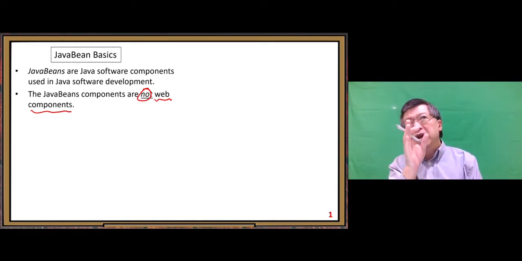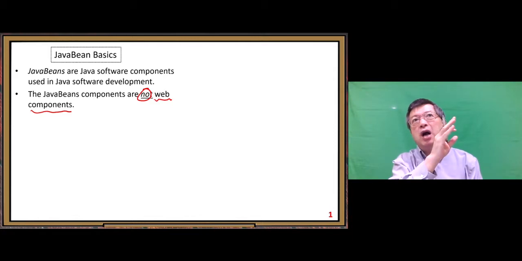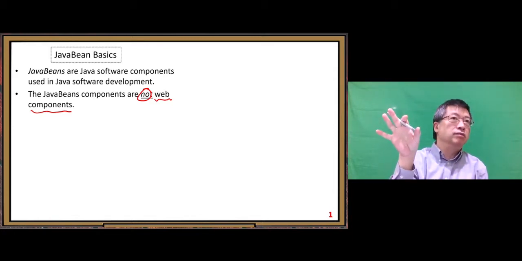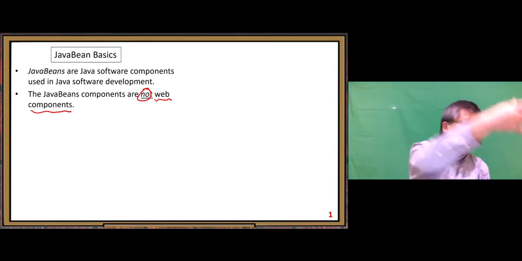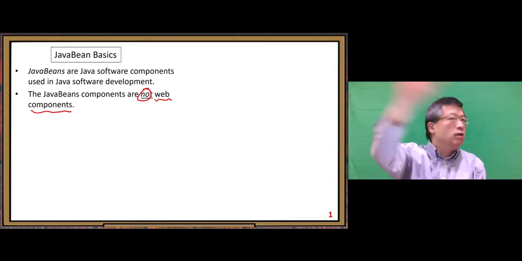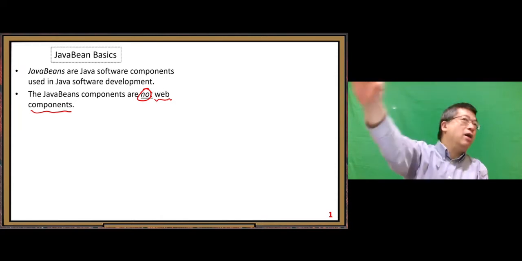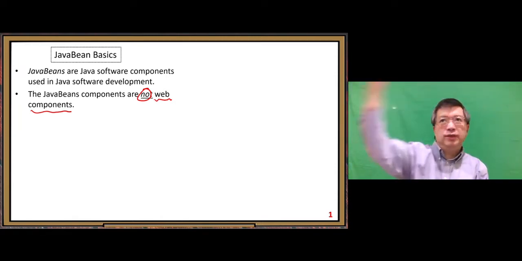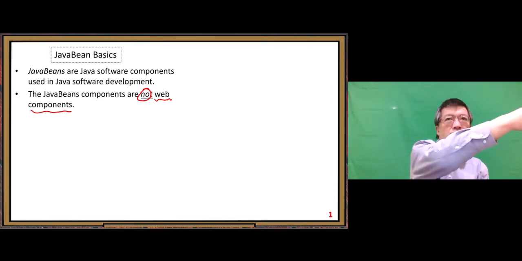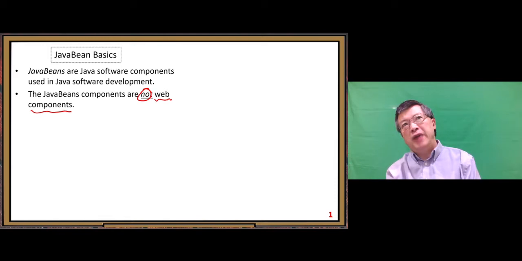But JavaBean can be used outside the web environment, in a desktop environment. They do not rely on web servers, so they can be run in the usual situation. So that's the reason.